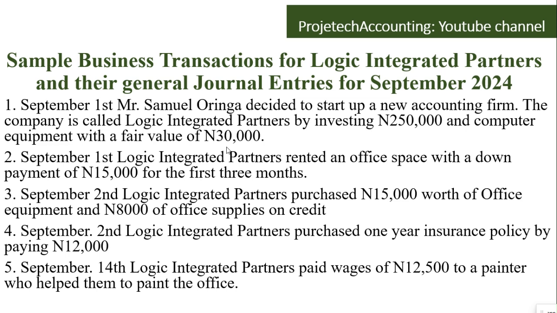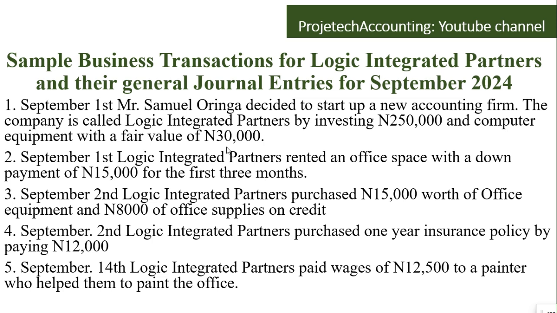Here, this is Logic Integrated Partners, where we're going to look at their business transactions for the month of September and see how we can put all the transactions in the journal. The essence of this is to understand each of these transactions and be able to interpret them and know the accounts that have been affected, the ones that have been debited, and the ones that have been credited.